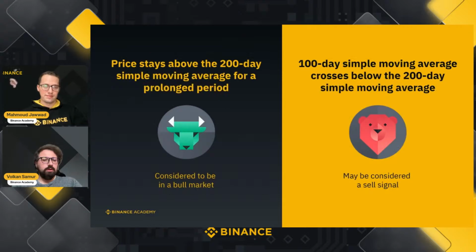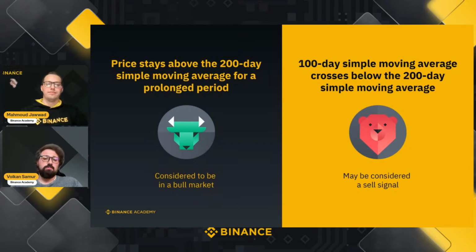Okay, then the next one. Traders often use the relationship of price to specific moving averages to gauge the current market trend. For example, if the price stays above the 200-day simple moving average for a prolonged period, the asset may be considered to be in a bull market by many traders.